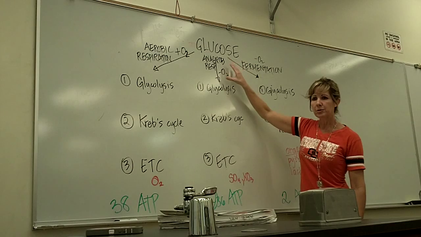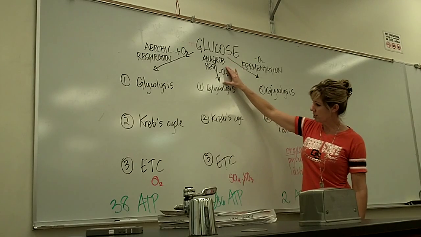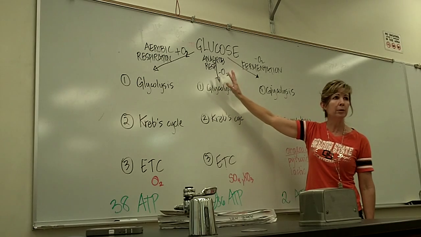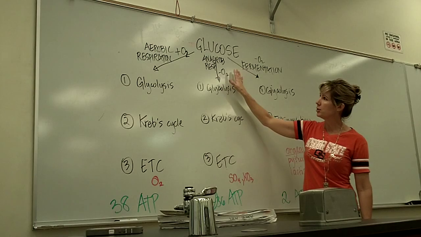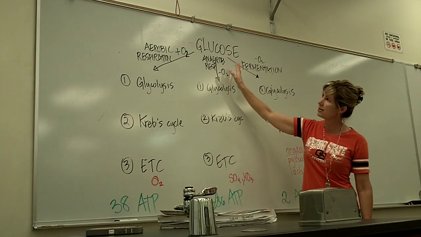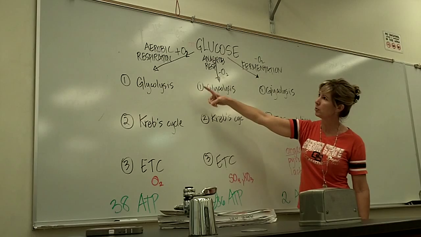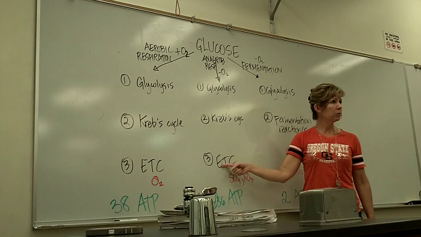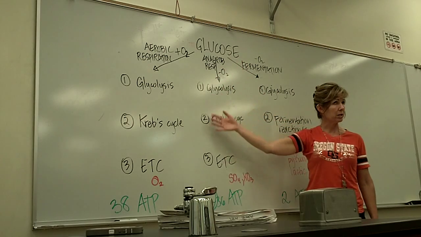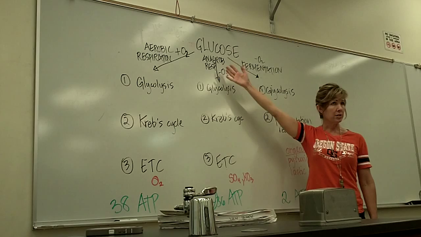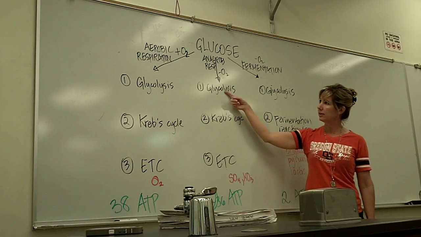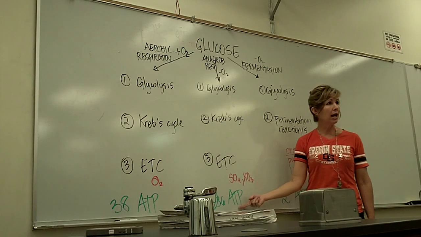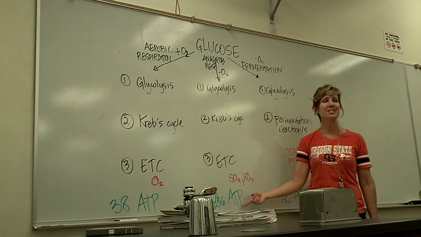All right, one thing I do want to say is anaerobic respiration is a highly specialized process, and it's not very common. Well, it never happens in humans, and it's just not as common of a pathway as aerobic respiration and fermentation. So this is all I will require you to know about anaerobic respiration: just what the pathways are that it encompasses, what its final electron acceptor would be, and about how much ATP would be produced.